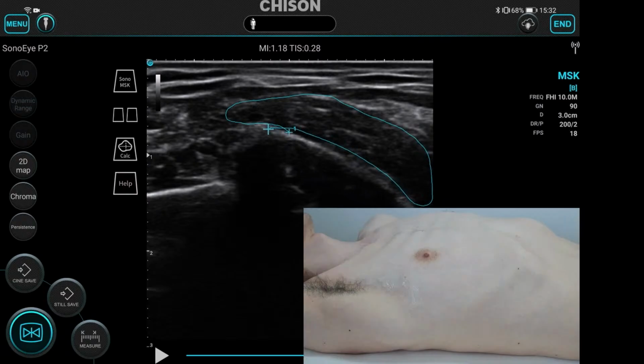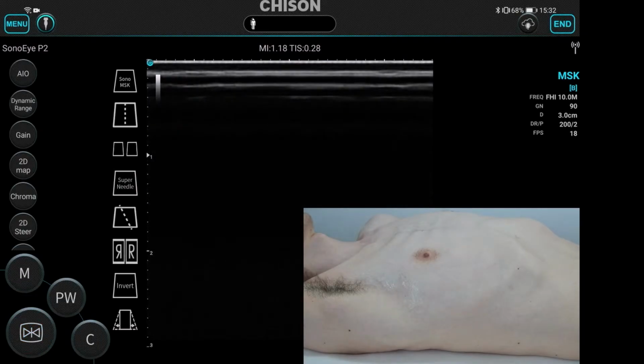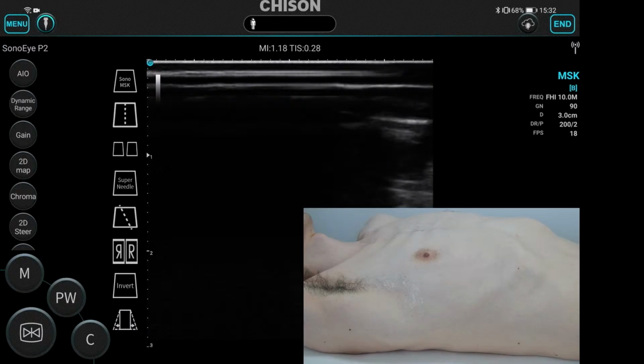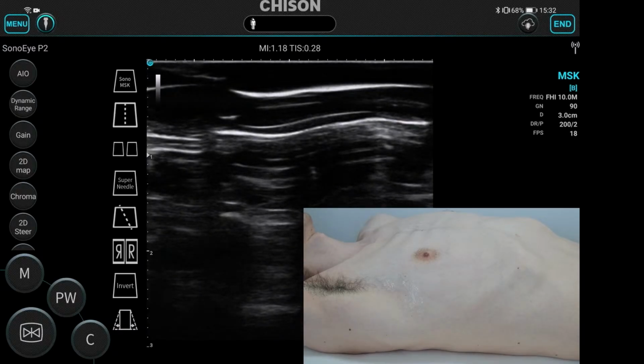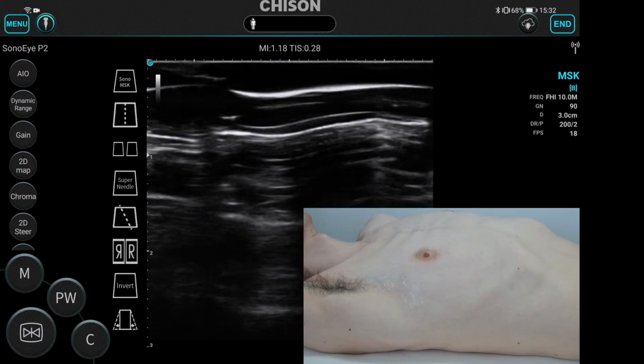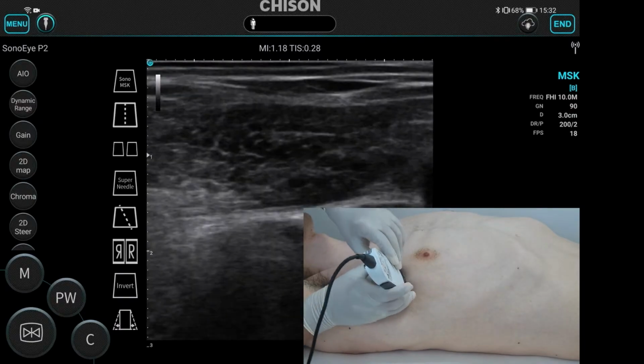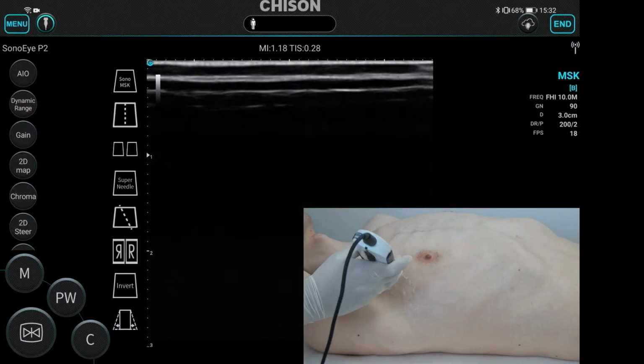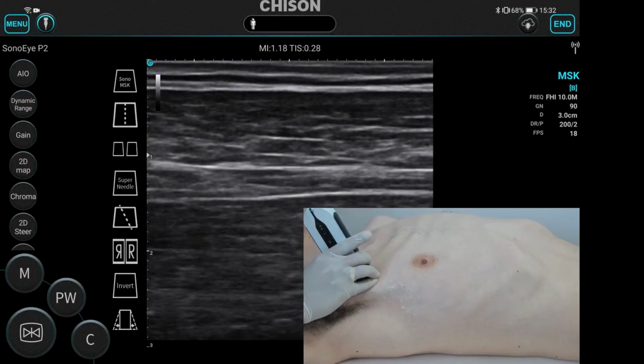Okay, so now let me scan it again, and the PEC2 block is majorly an interfascial plane block, hydrodissecting the PEC minor and serratus anterior muscle. Okay, so to begin with, just wait, keep it over here.